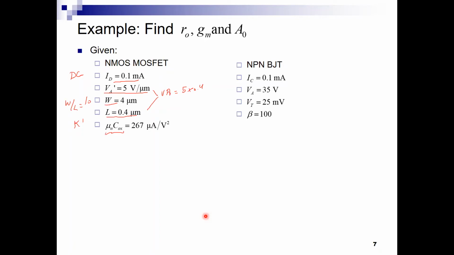So in order to find the gain, I know it's minus GM RO, so I need to find the GM, and I need to find RO, right? To find the GM, it's 2ID over VOV. I have ID. Can I find VOV?